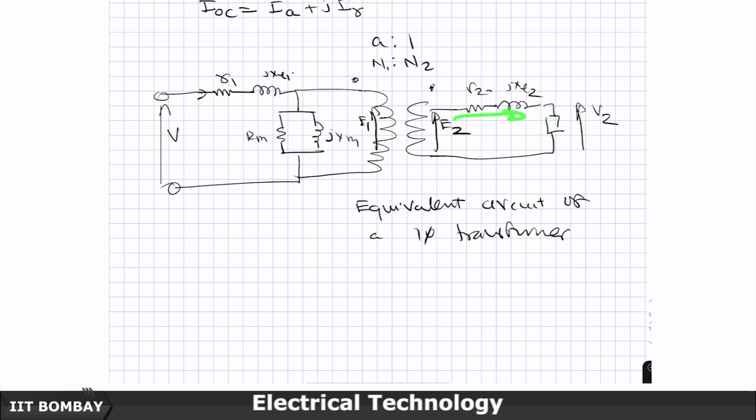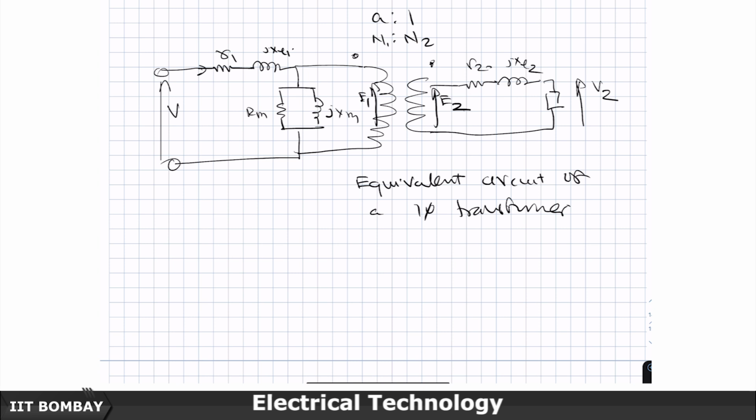That I2 current will be scaled down, I1 by I2 is equal to N2 by N1, which is 1 by a. So, I1 is going to be I2 by a. If this current is I2, I2 by a current will flow here, and there is some magnetizing current which is almost constant, which will flow here, and then this will become the I1 current which is flowing in the primary side.